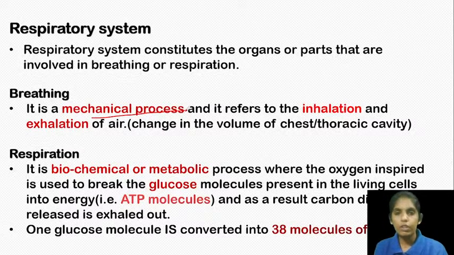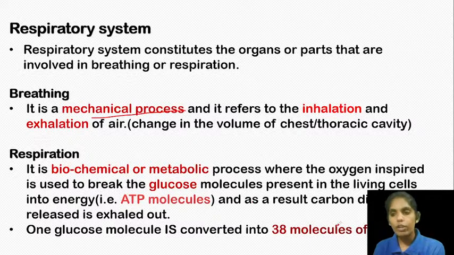Now coming to respiration, here the story is different. Respiration is considered a biochemical process, unlike breathing. What happens in respiration? As I told you earlier, the oxygen is used to break down the macromolecules to produce ATP molecules.